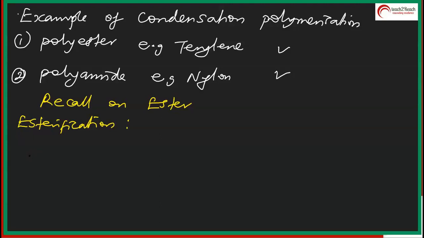Carboxylic acids and alcohols. Brilliant. So it is formed between the two functional groups, carboxylic acid and an alcohol group, okay? So give me an example of a carboxylic acid.